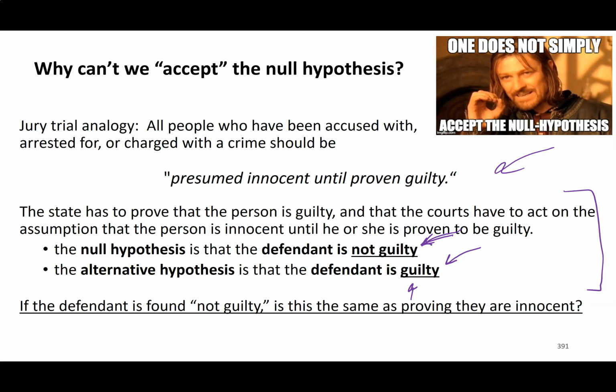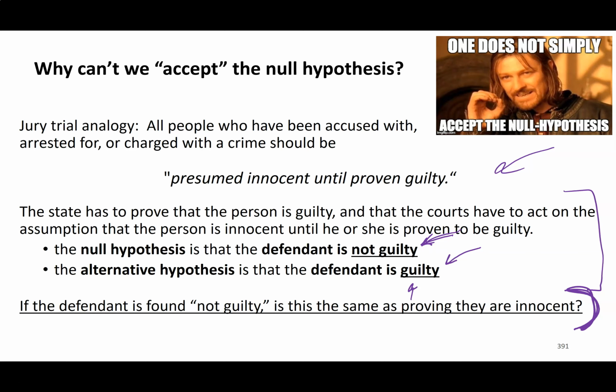Really, really careful though. Suppose you fail to reject the null. So the defendant is found not guilty. It's not the same as proving they're innocent, right? If they're found not guilty, there are two scenarios. The first is that they are innocent, but the second is you just didn't have enough evidence to convict them. Because we have no way of knowing which is which, you don't want to say you accept the null.